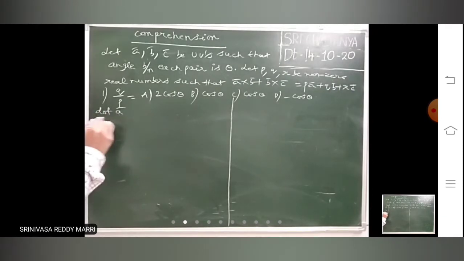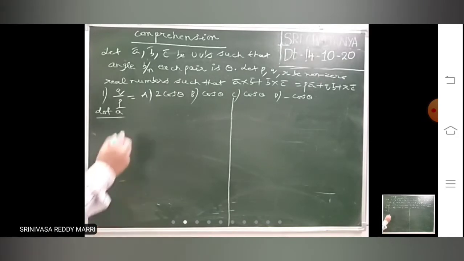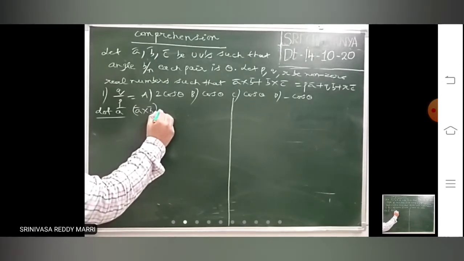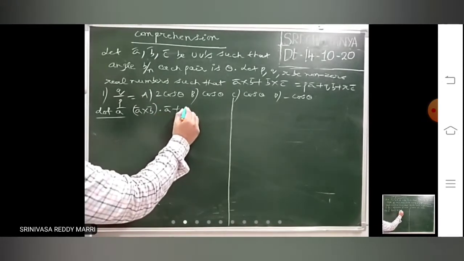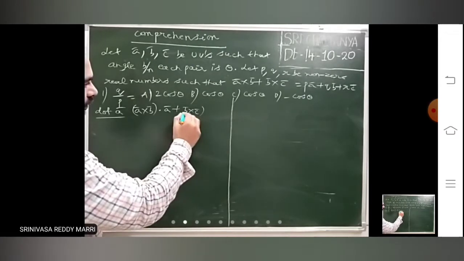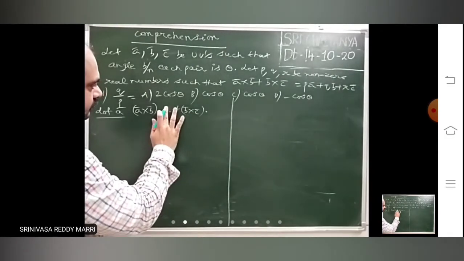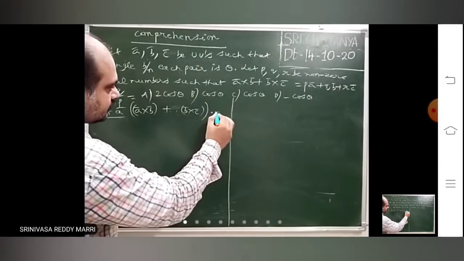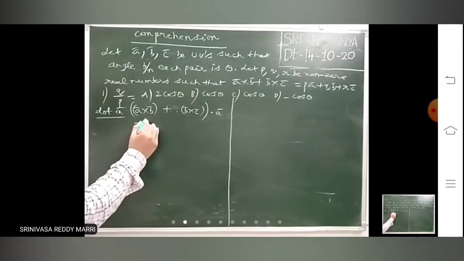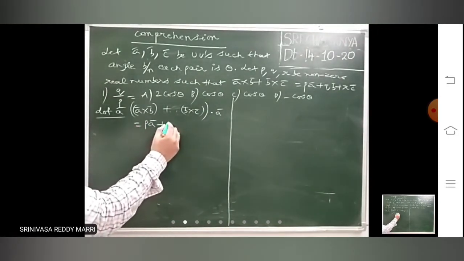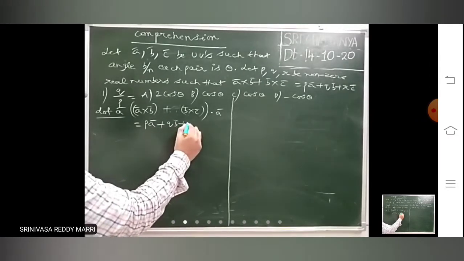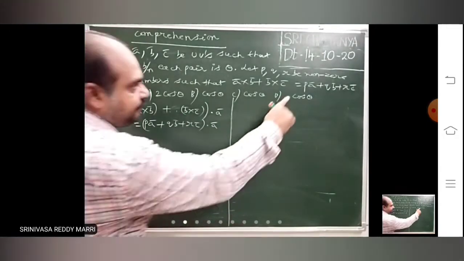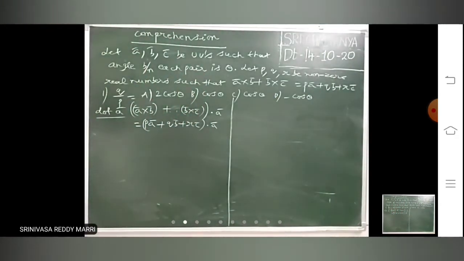First I am doing the dot product with A bar on both sides. That means A bar cross B bar dot A bar equal to, do the dot product for finding P, Q, R. First dot A, one equation.